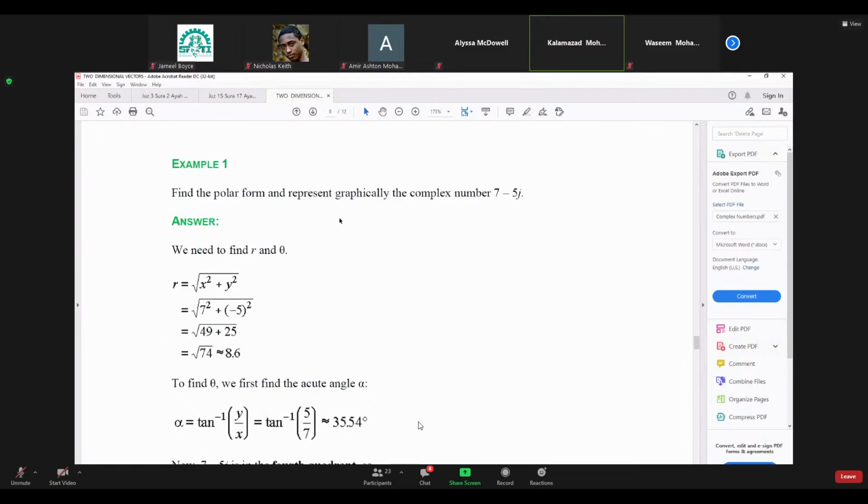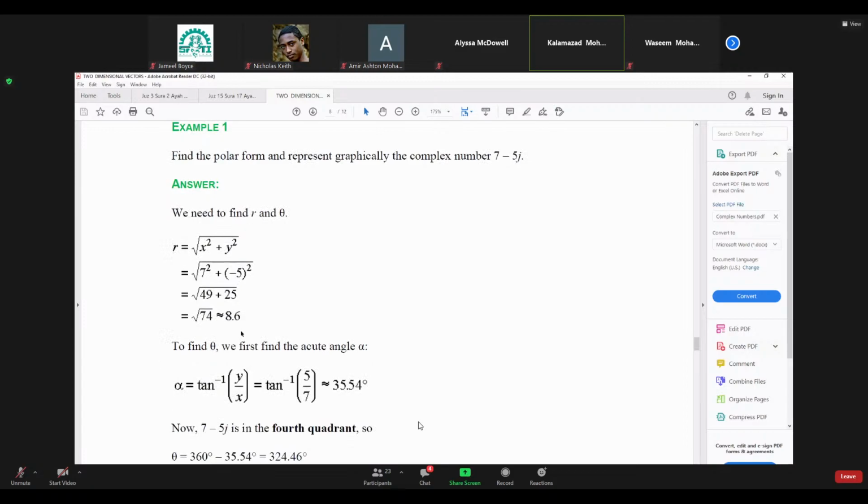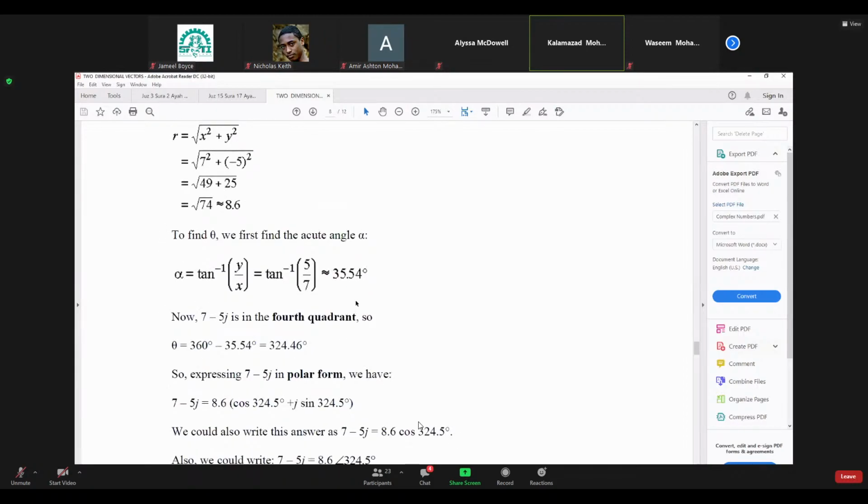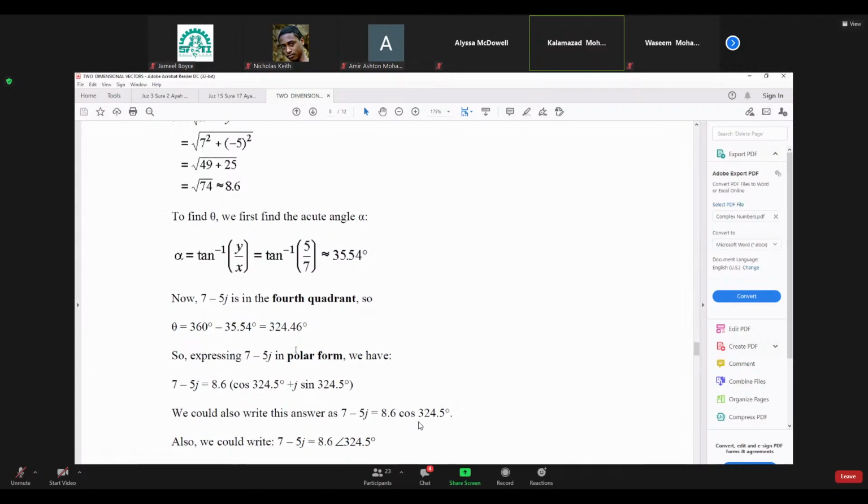Find the polar form and represent graphically the number 7 minus 5j. So we find r first, which is approximately 8.6, using Pythagoras. To find theta, you find tan inverse of y on x, which is approximately 35.54 degrees. Now, 7 minus 5j is in the fourth quadrant, so the angle that we really want is 324.46 degrees, as we saw last time from vectors.